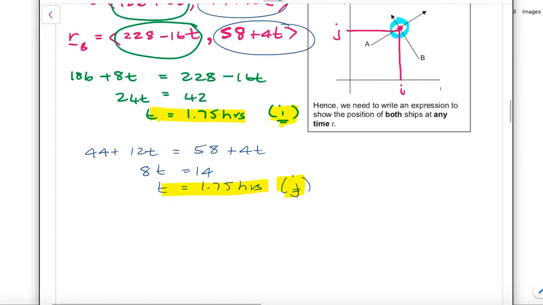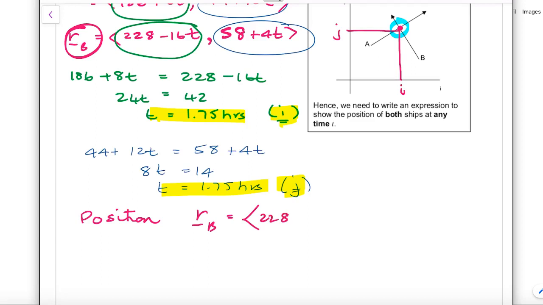So therefore, the position that this is going to happen, we can simply just take one of the vectors. So I'm going to take the vector here for tanker B. So if I substitute that in, we're going to get 228 take 16 lots of 1.75 and 58 plus 4 lots of 1.75, and that's going to give me 200 and 65 for my i and j components.